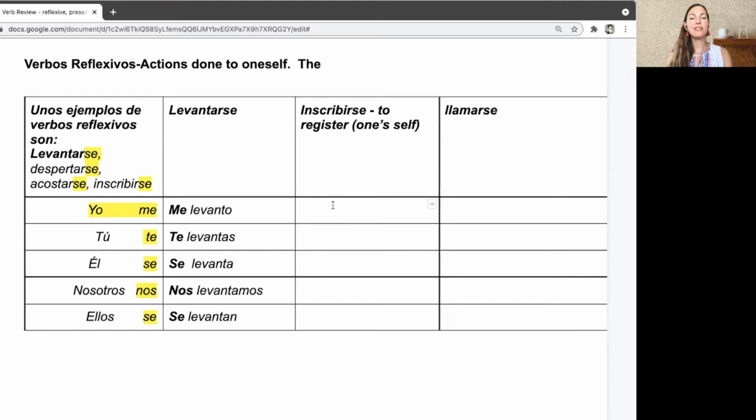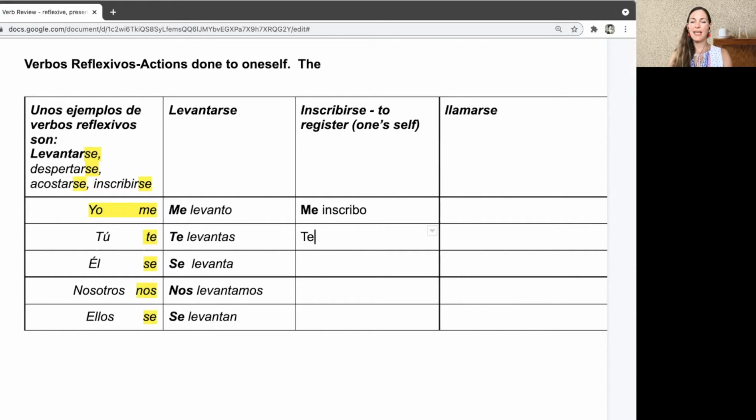Okay. So, for example, inscribirse, to register yourself for a class. What's the first thing I do? Me, for me, right? For yo, myself. Okay. And then inscribe, it's an IR verb. I already got rid of that se, it's in the front now and turned into me. What's the yo form? O. Okay, now how do I say yourself? Because yourself registers.